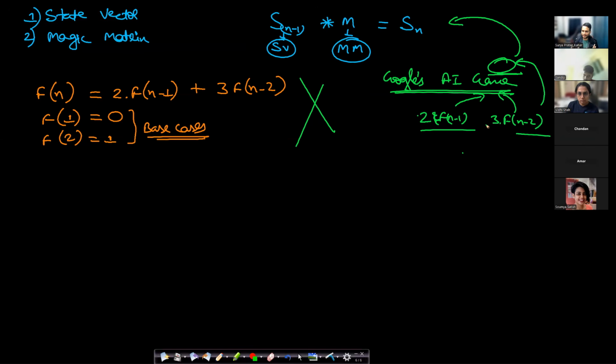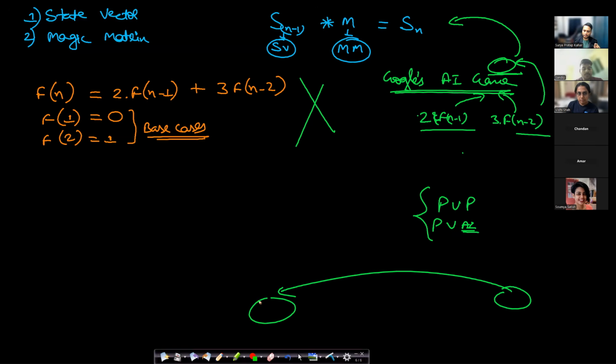I'm trying to make up a story, some kind of AI game. You are fighting with the AI. You are the player, player versus player, PvP, or player versus the PC or the AI. In any of these cases, you can always calculate where the next move should be depending on these two values from the past states.